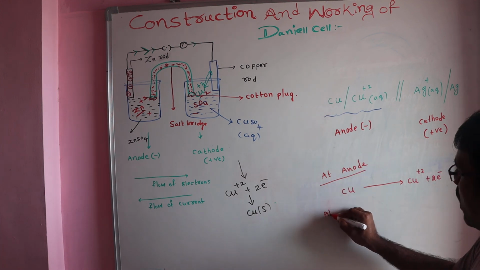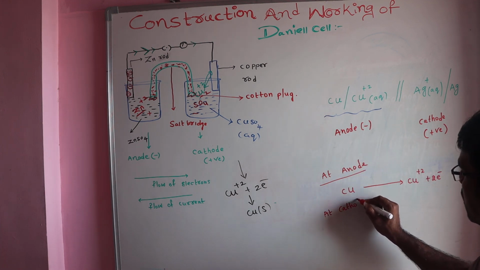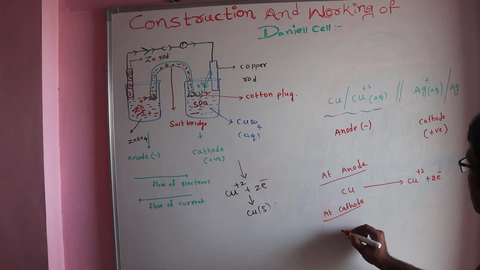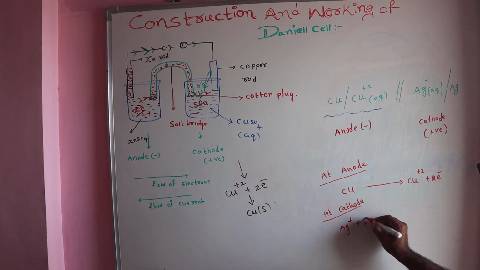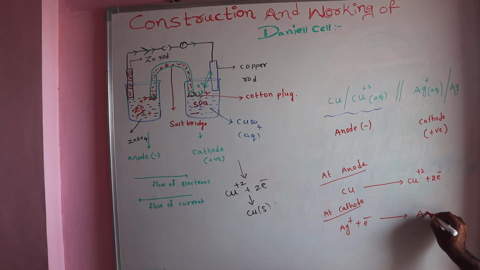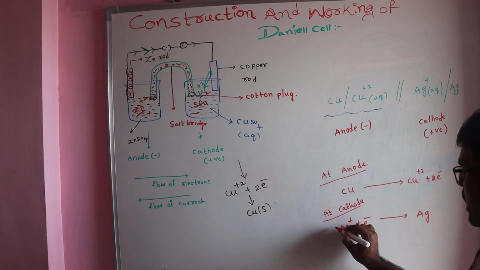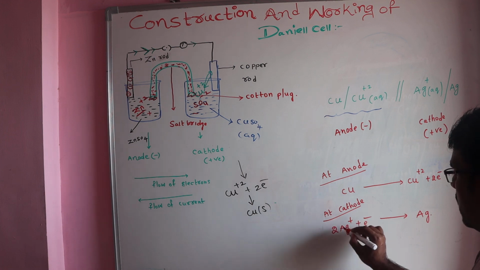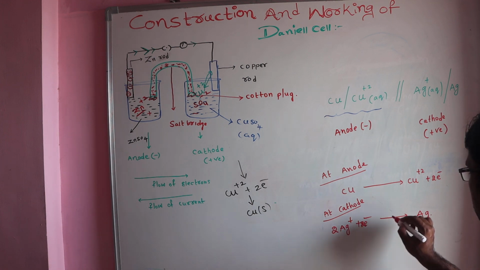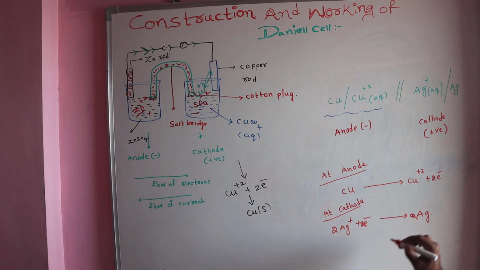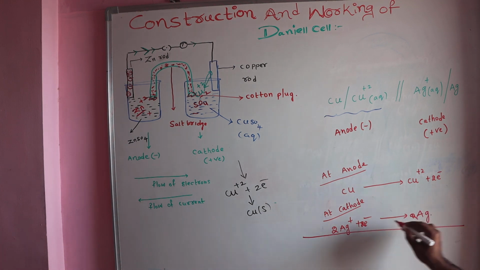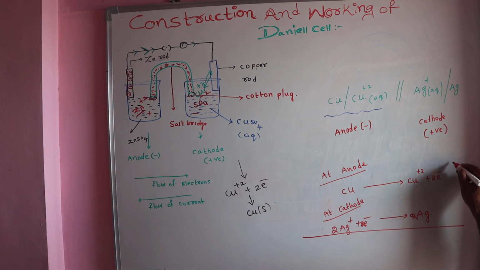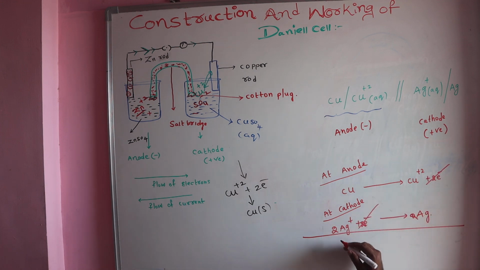Now at the cathode, what happens? This is the reaction that takes place at the cathode: Ag plus gains electrons and is converted into Ag. To balance the charges and make the electrons equal, we should multiply this equation by 2, then the 2 electrons cancel.